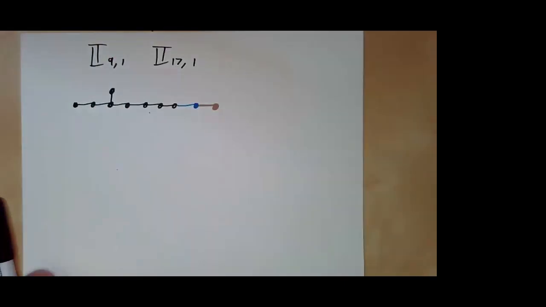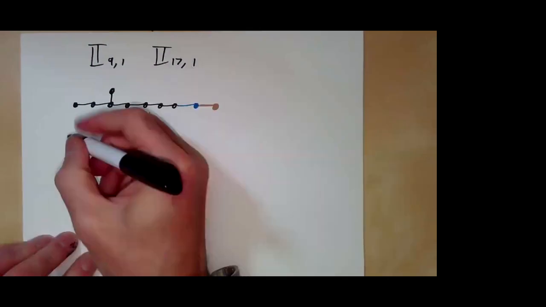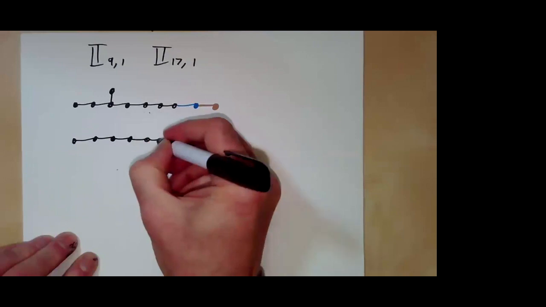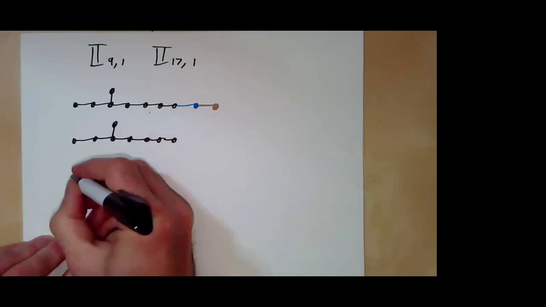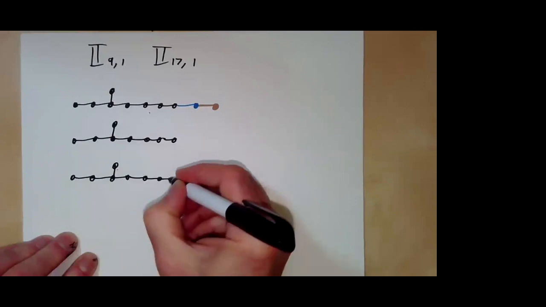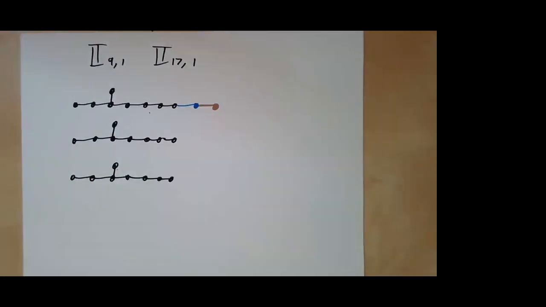And the 18-dimensional one, you do something similar, except this time you take copies of E8, then you take 2 copies of E8, and then you join them together with one extra point.